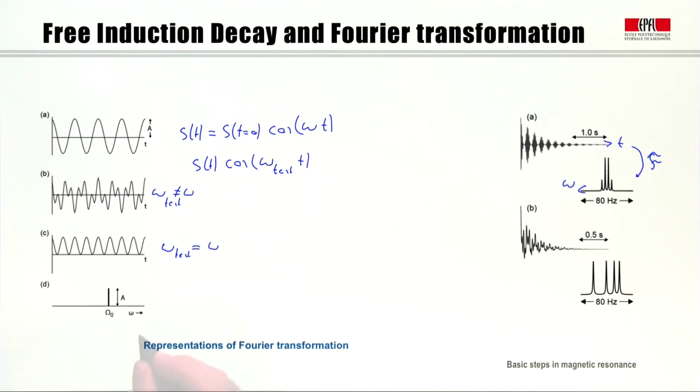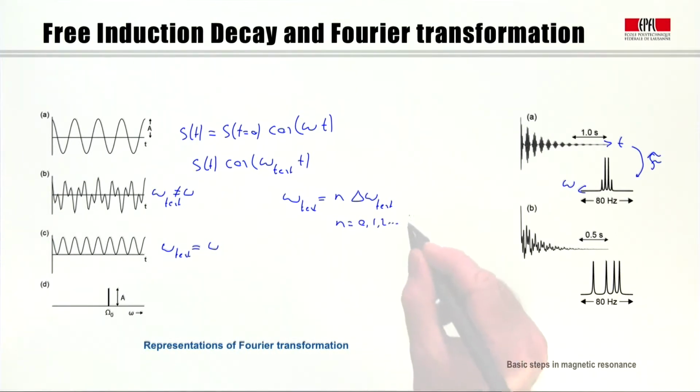So the idea now is to take the raw function and vary this omega test systematically. So omega test could be something like n times delta omega test. So this would be the increment here, and n would be a number of steps, n going from 0 to 1 to 2 all the way to n minus 1.